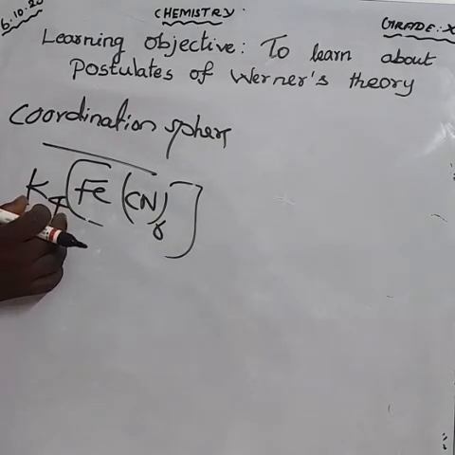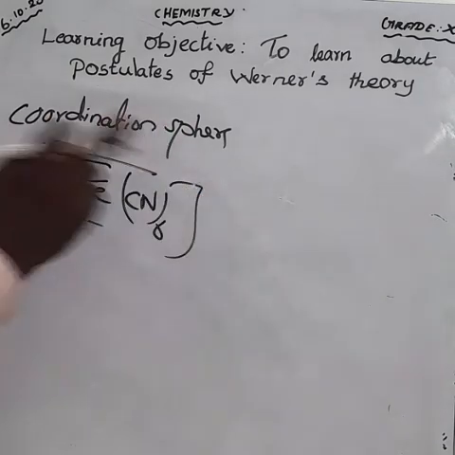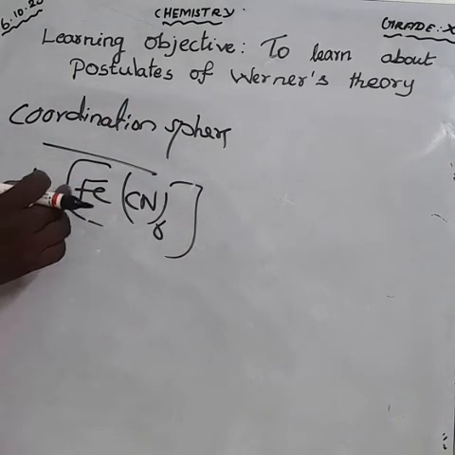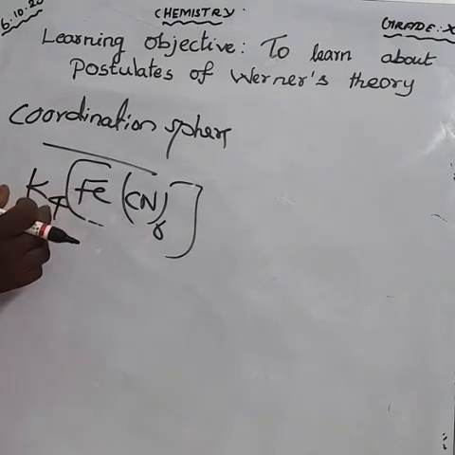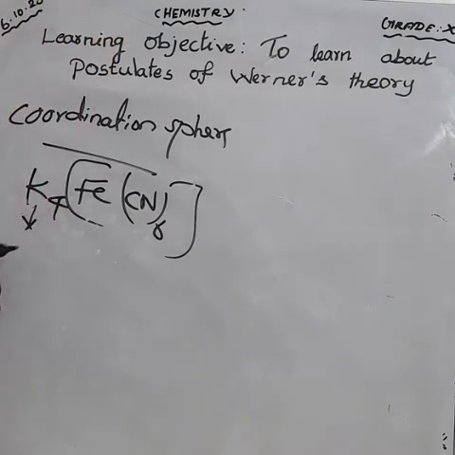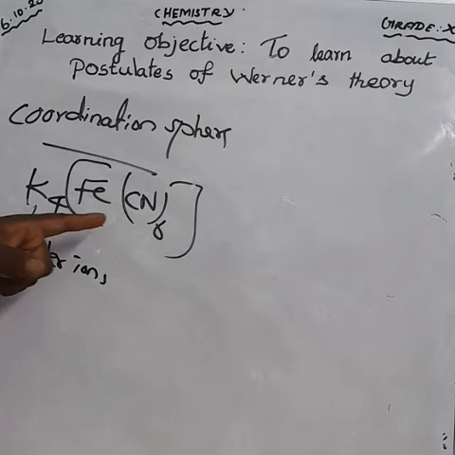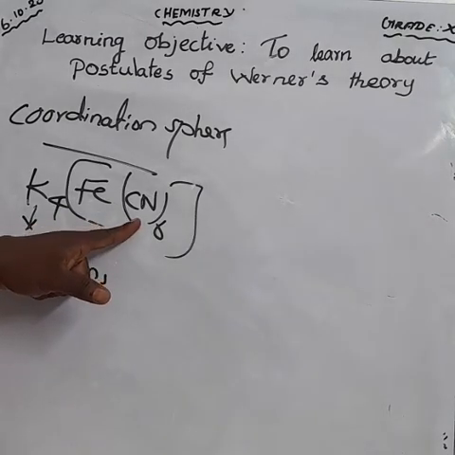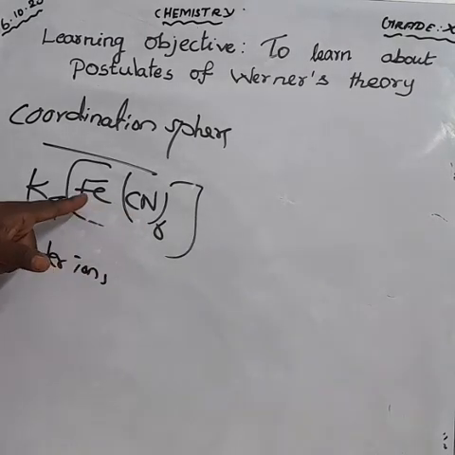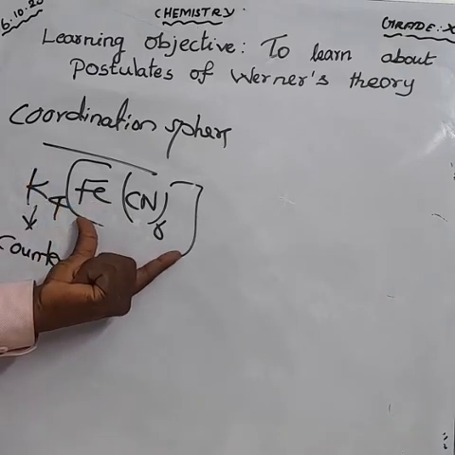This ion is written outside the square bracket. It may be on the left side or on the right side. As per here, in K4[Fe(CN)6], the K+ ions are on the left side, so they are called counter ions. CN minus is the ligand, attached to the central metal ion Fe2+, and totally this is called the coordination sphere.